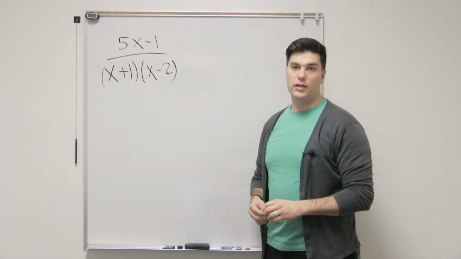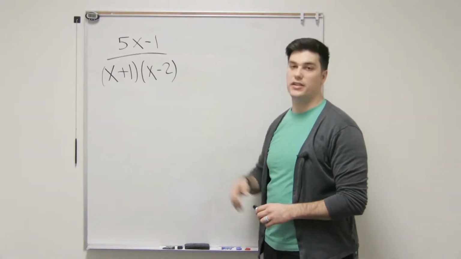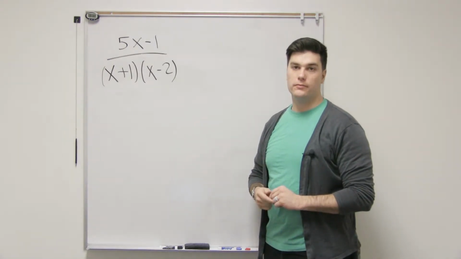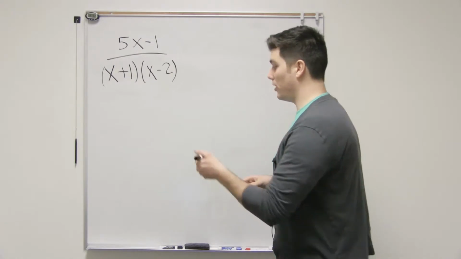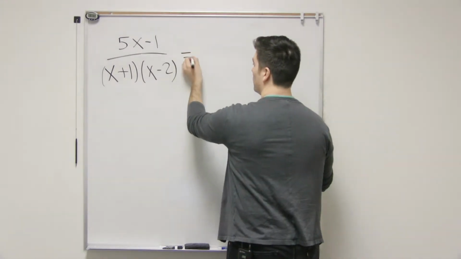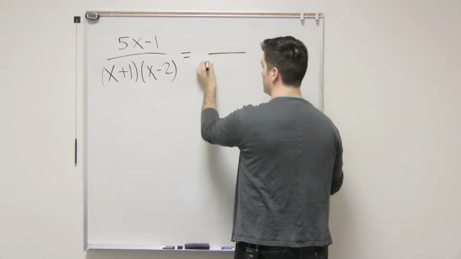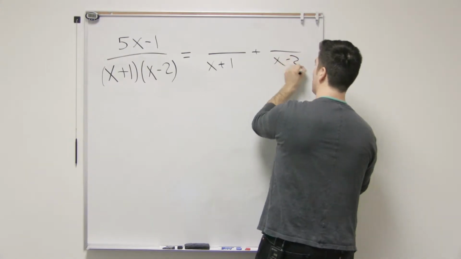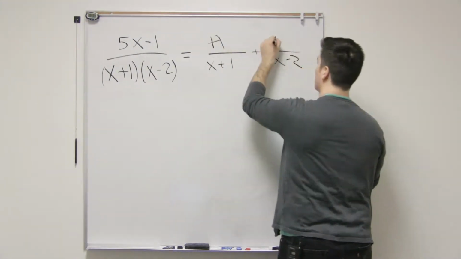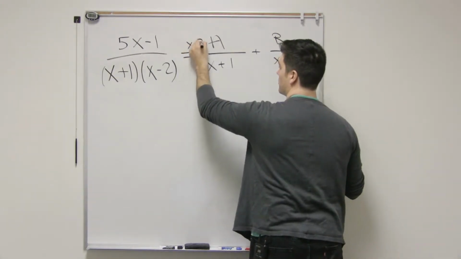Now pause the video and see if you can find the partial fraction decomposition of this fraction on your own. Alright, we'll now go through very quickly how to solve this one. First, we notice that the denominator is factored into two unique factors. So we set it equal to this. We find common denominators.